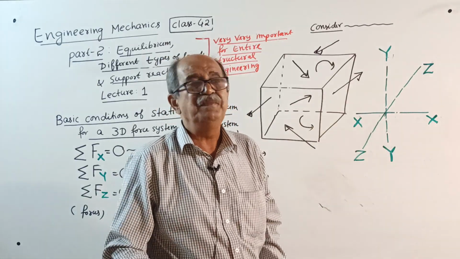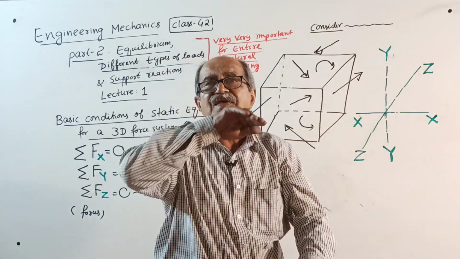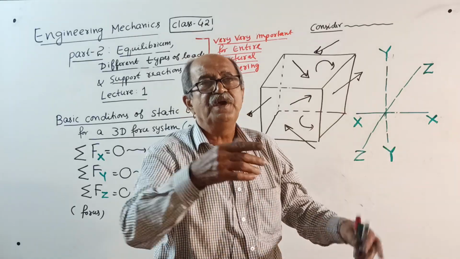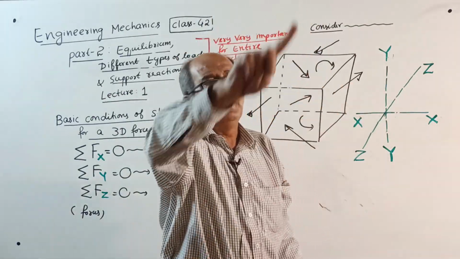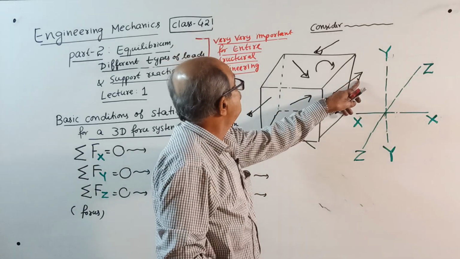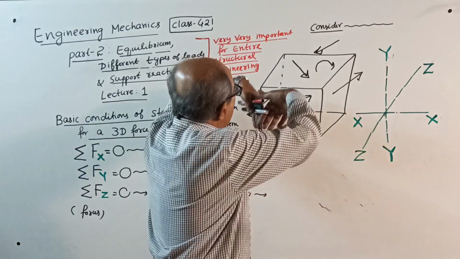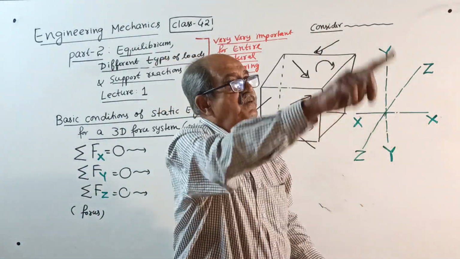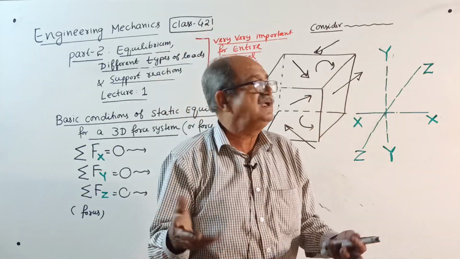Force system in space means X will be there, Y will be there, Z will be there. Force can be this way, this way, or this way. The force system means not only force, couple is also possible, anything random. Couple can be this way, this way, or this way.